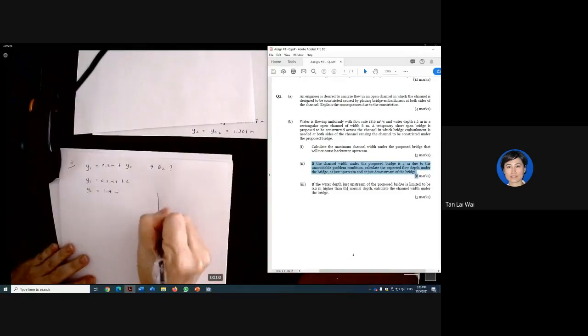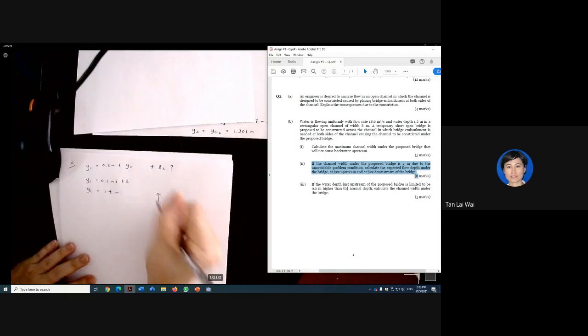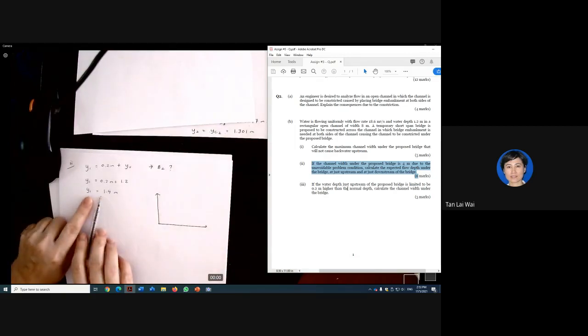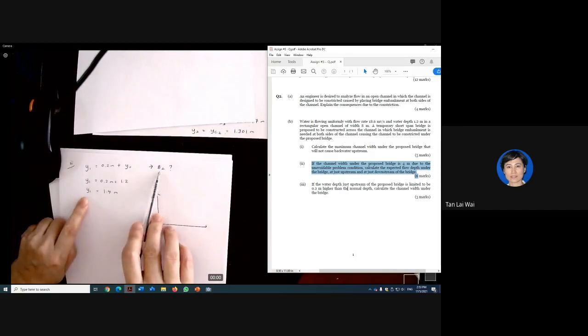What does this mean? That means now you know what case this is. Because in case 1 and case 2, Y1 does not change. That means Y1 is maintained. But in case 3, Y1 increases. That means this is case 3. That means you are going to expect your B2 is less than B max.